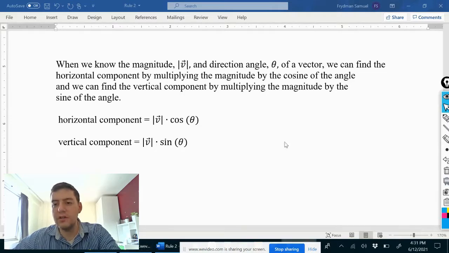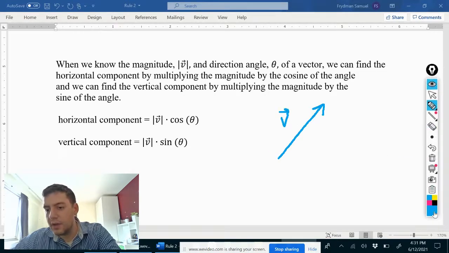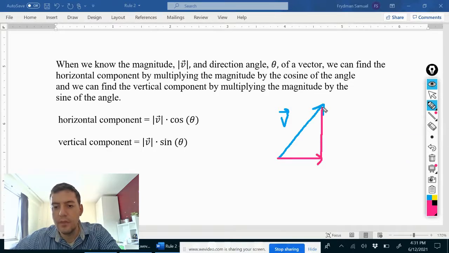If we imagine a vector, and let's call that vector v, and then we draw the components of that vector, then what we have here is a right triangle, and let's go ahead and call this angle over here theta.